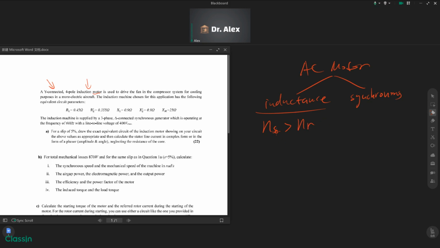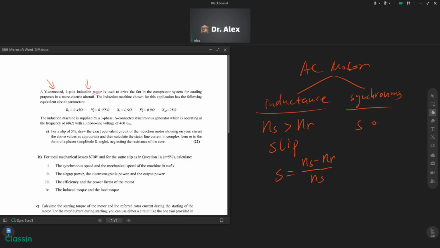So we should have a slip number, S, which is ns minus nr, over ns, right? But for the synchronous motor, the speed of stator and rotor are the same.